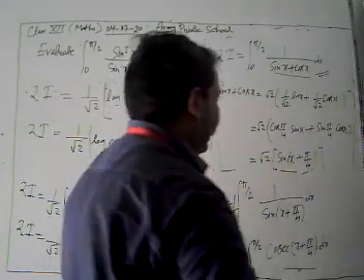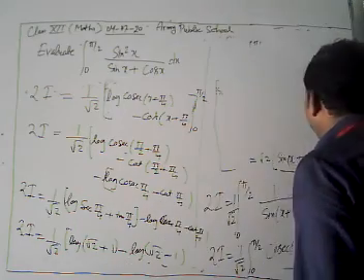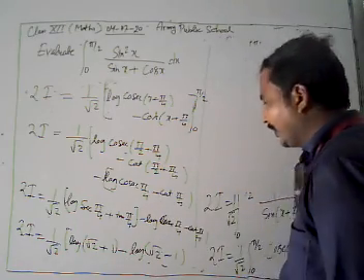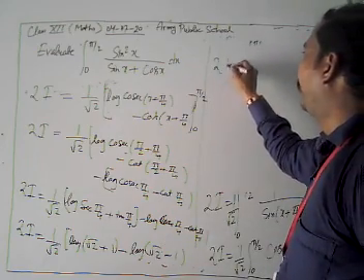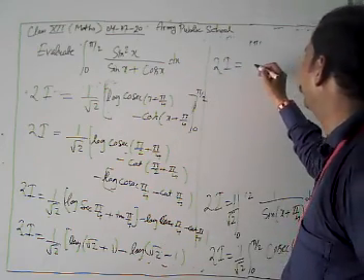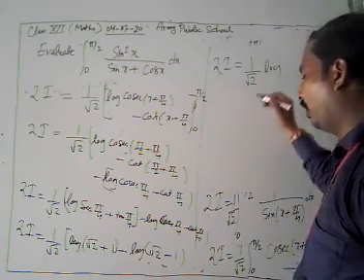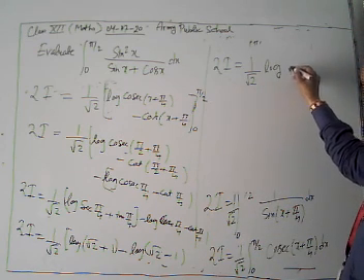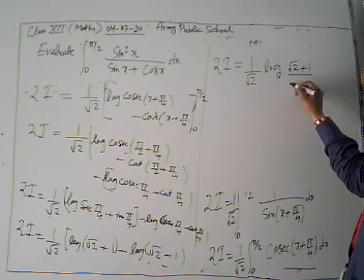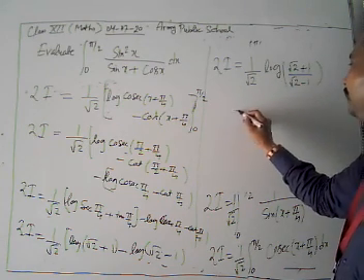Now the calculation is a bit complex, but it is asked in board exams. From here, 2I is equal to 1 by root 2 log, this is log m minus log n, so log of (root 2 plus 1) upon (root 2 minus 1). Now we are going to rationalize it.